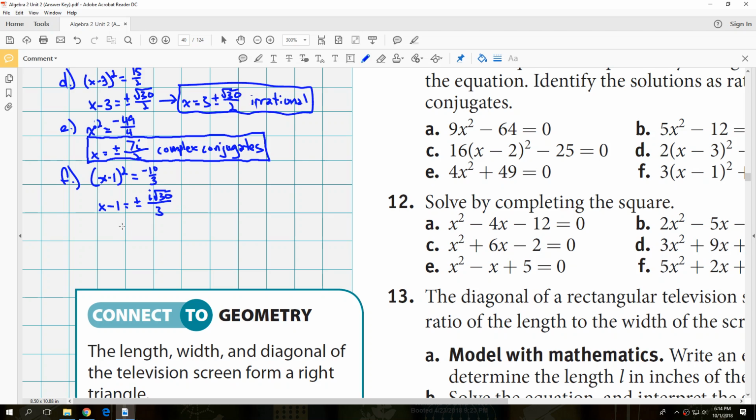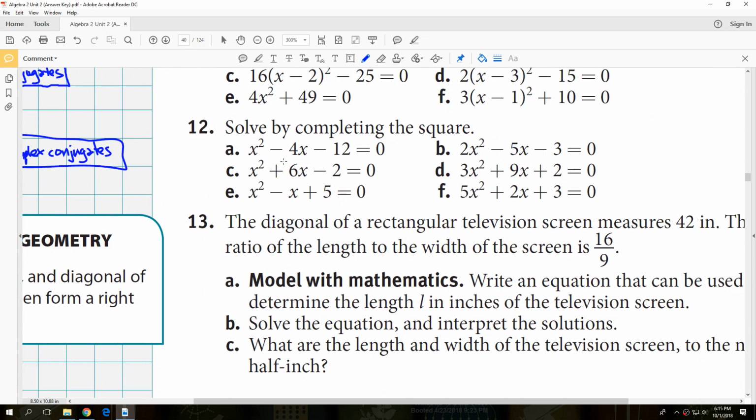And this becomes x is equal to, oops, I'm sorry, got ahead of myself, 1 plus or minus i times the square root of 30 over 3. Oh, and I've got to write the answer here. These are complex conjugates, because there's an imaginary number in there, i.